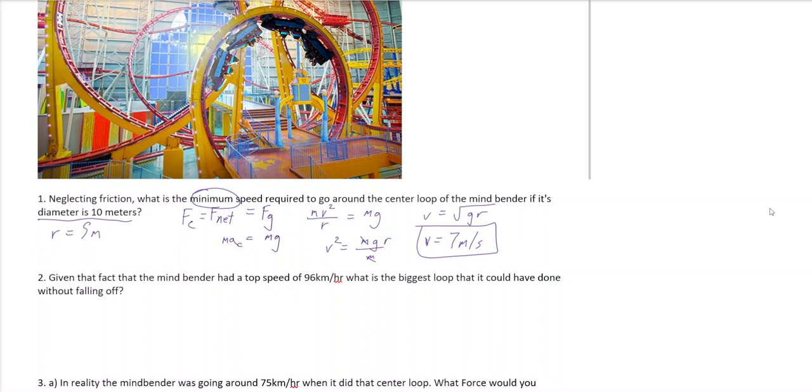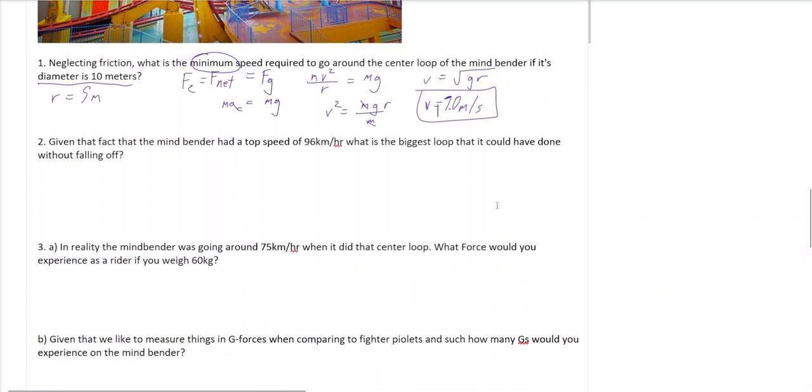With 2 sig digs, better yet, it is 7.0 meters per second. So that's the minimum speed required. Now we're going to keep reading. Given the fact that the Mindbender has a top speed of 96 kilometers per hour, what is the biggest loop it could have done without falling off?